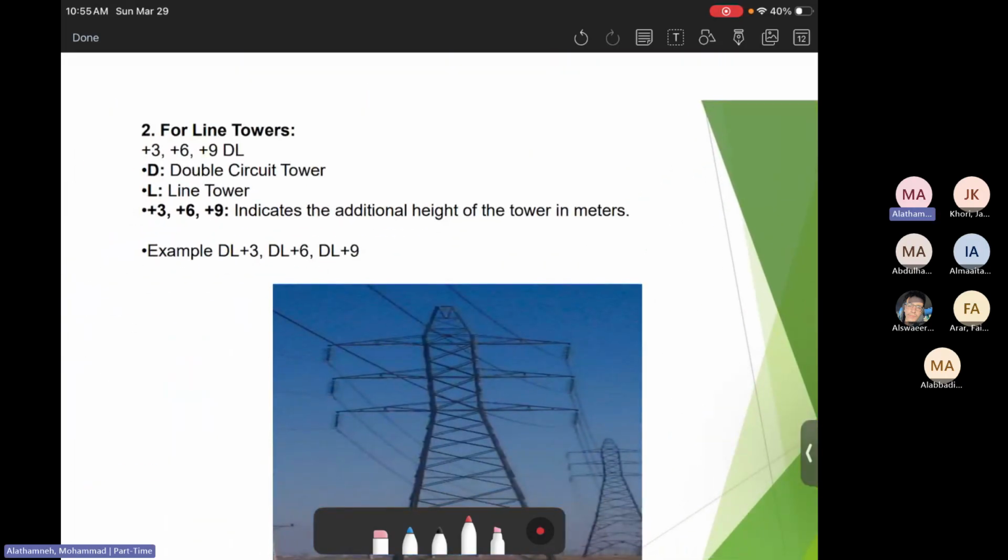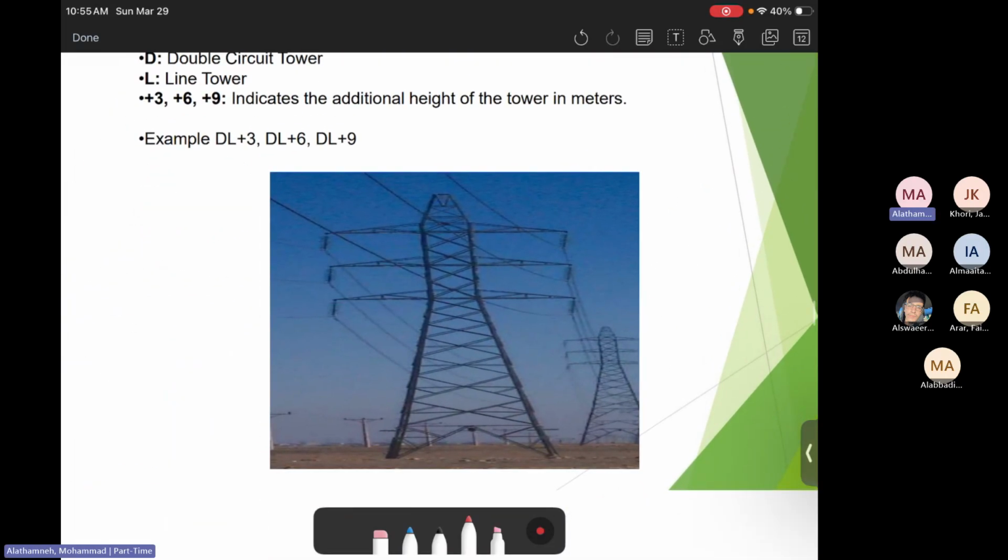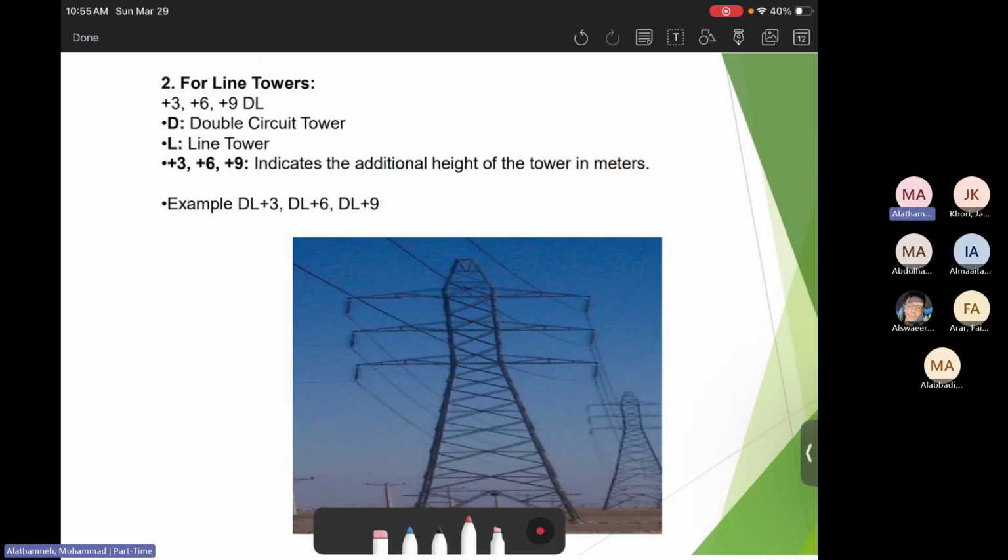Line towers, here this is the line tower, or suspension tower. So DL, D from double, L from line, +3, +6, +9 indicates additional heights in meters.